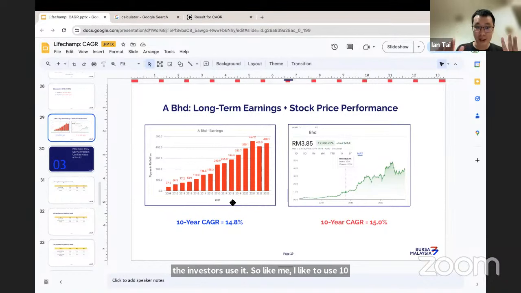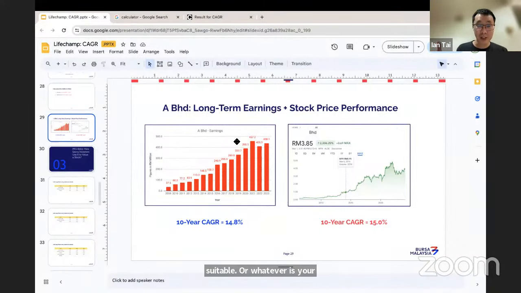So therefore, I calculate a 10-year CAGR. However, some investors will choose to use a 5-year CAGR. Some may even choose 3 years. Technically speaking, no matter how you look at it, all you need to do is go back and use this calculator. From there, you compute whatever is most suitable, whatever is your preference.